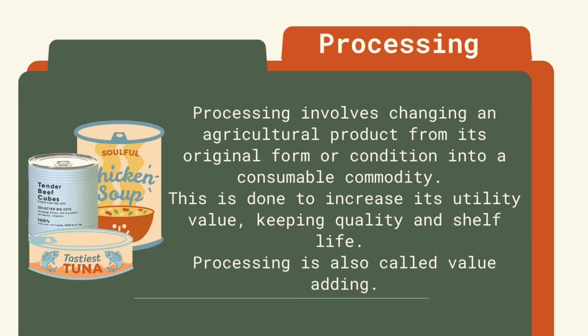When we are talking about indigenous processing, we are talking about changing the original form or the original product into a consumable product using indigenous knowledge, or rather traditional practices. Then we've got agro-processing. Now, this is the conversion of raw materials to make it more consumable and to increase its value.